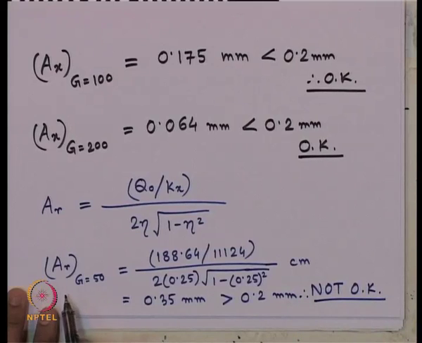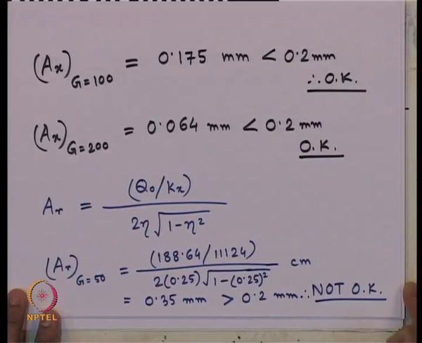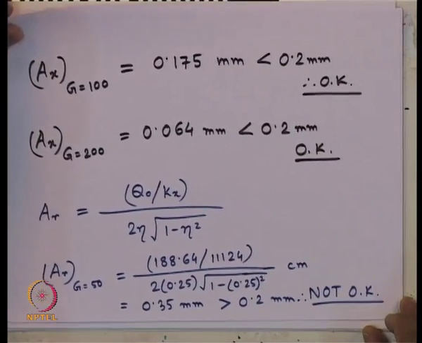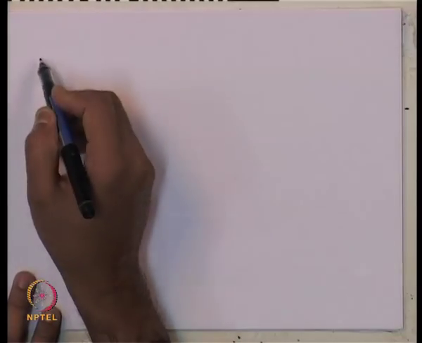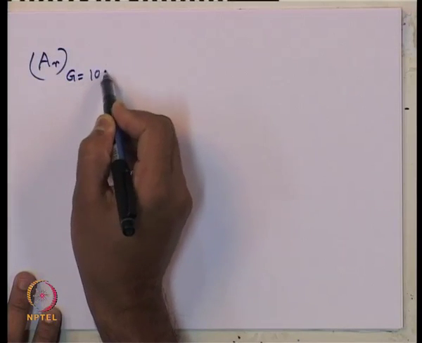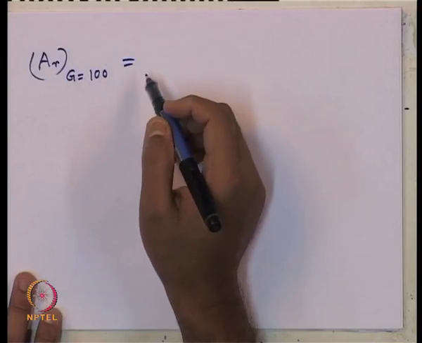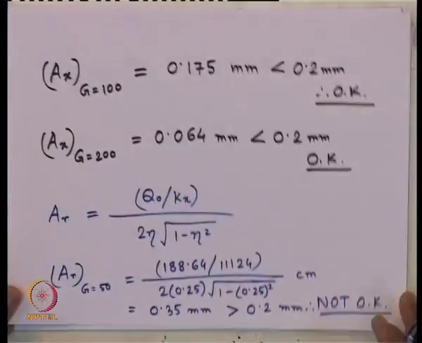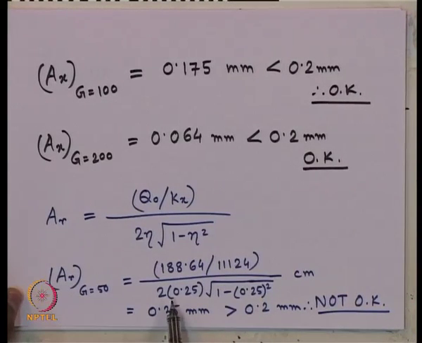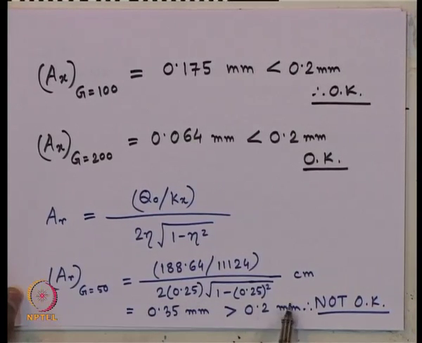Not okay at resonance condition. Of course, as I have mentioned earlier also, we are checking for resonance condition as well. Fine. Let us find out this displacement amplitude at resonance condition for the other two types of soil, that is with G equals to 100 TSF. What will be the changes? Q naught remains the same, only k x changes, this denominator also remains the same.